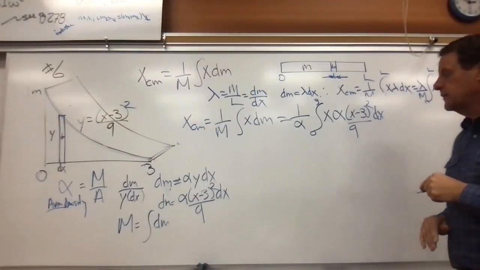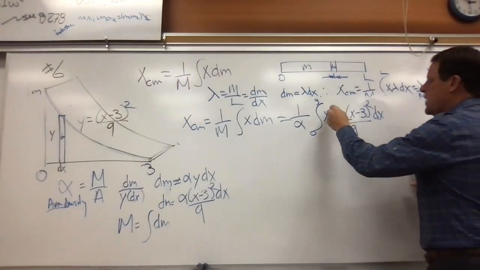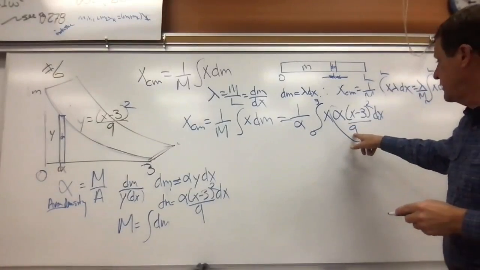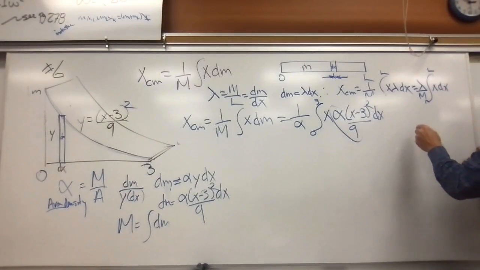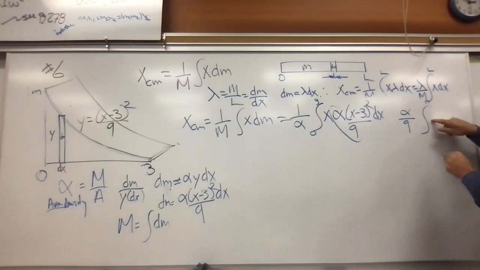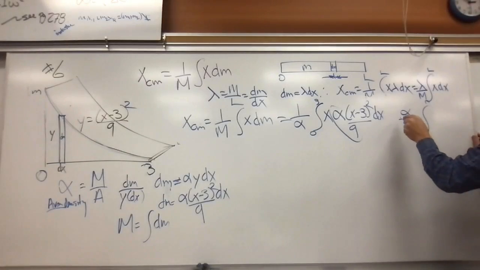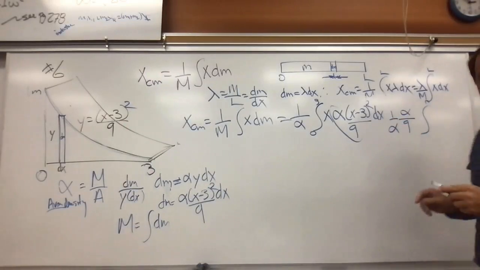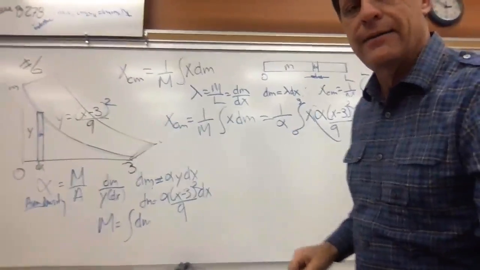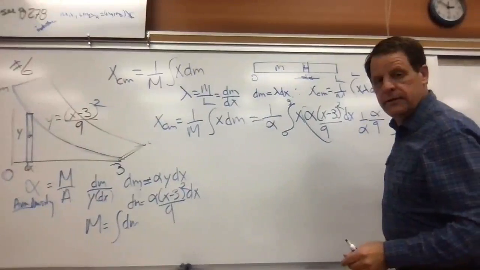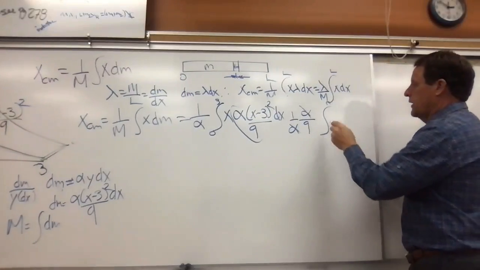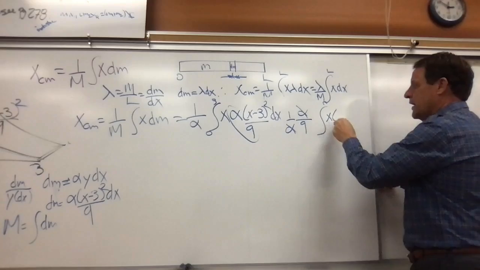Now, we again know that alpha over 9 are constants. So we can say alpha over 9 comes outside of the integral. And we also have 1 over alpha due to our mass, and that means these two alphas are going to cancel out, and now we're left with x times the quantity.